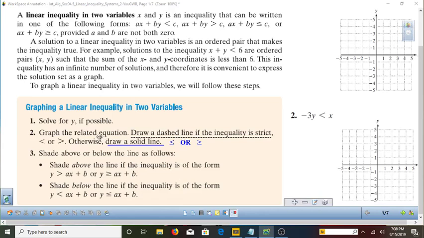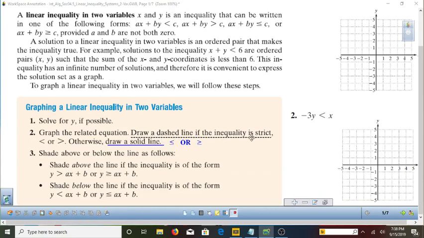We're going to solve for y and graph the corresponding line. If the inequality is a strict inequality, that means only a less than or only a greater than, you will draw a dashed line. However, if it is a less than or equal to or greater than or equal to, then you draw a solid line.